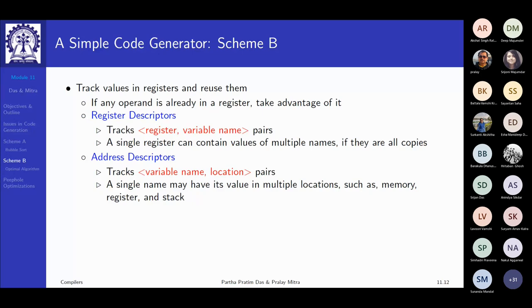When I store again, I have two copies, one in the register from where I have stored, and one in the memory location. And it is possible that it will have more than two locations also. So these two data structures, please keep in mind, are simple data structures, but they will be very useful in tracking the code generation process. Right.